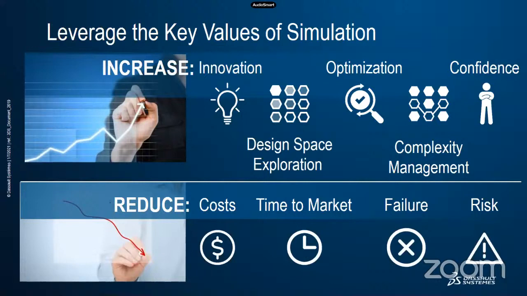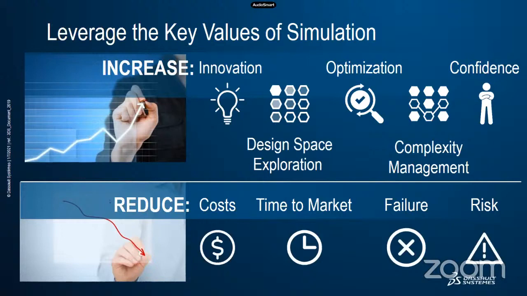And complexity in management. Here, the platform concept, the idea is to manage the project in a single platform. So it's easy to manage the complexities. Another thing is cost. Cost can be reduced. Design time to market can be reduced with simulation. And of course, failure and risk.